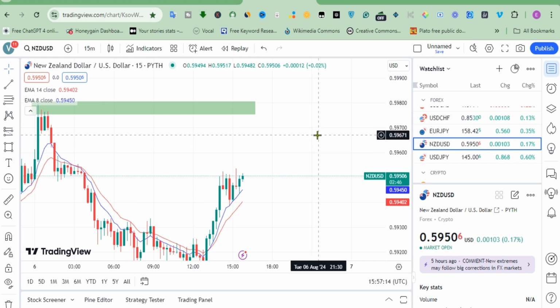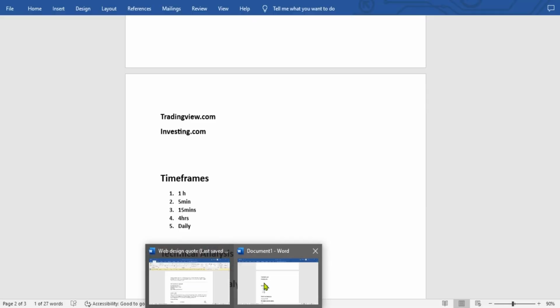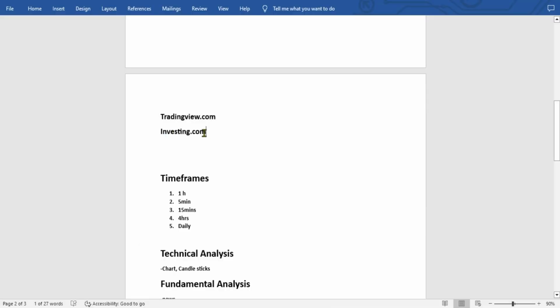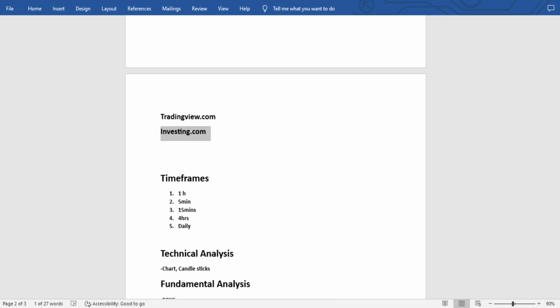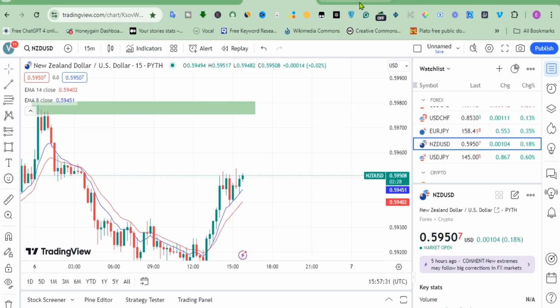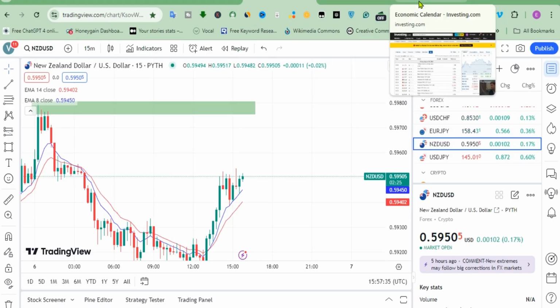Okay, the other one that I want to show us is investing.com. This is how I started without any knowledge of forex trading.